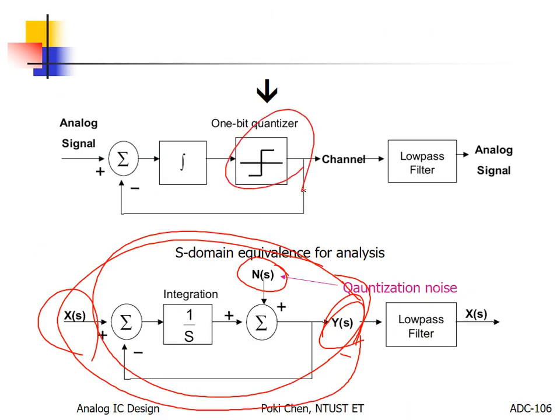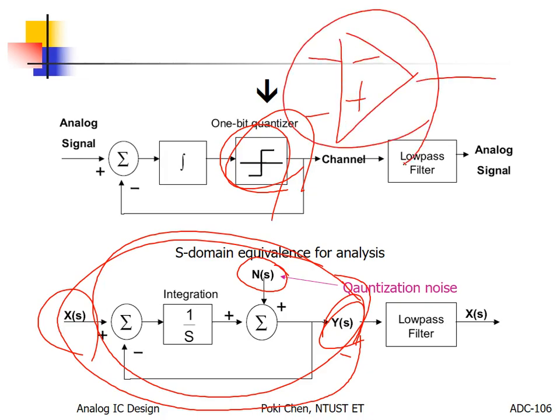You need to compare your reconstructed output to your input. So, if you compare such kind of input and output in voltage domain, you need voltage comparator, right? It is really power hungry.